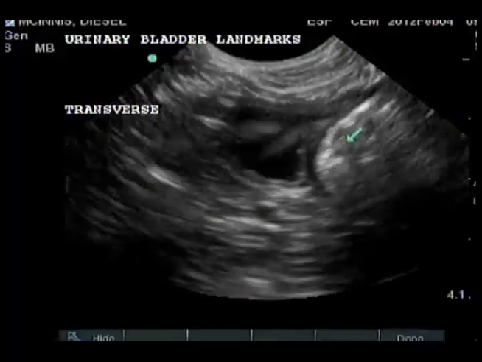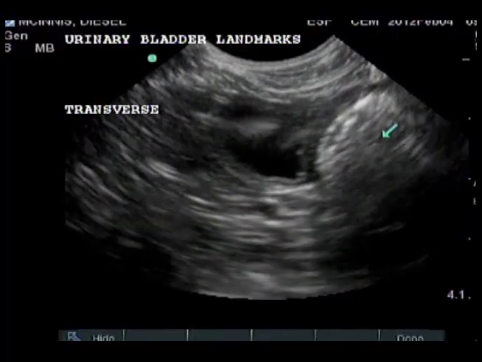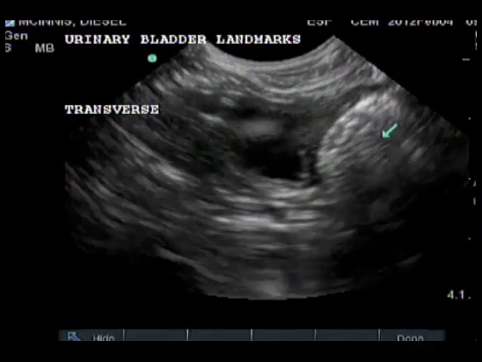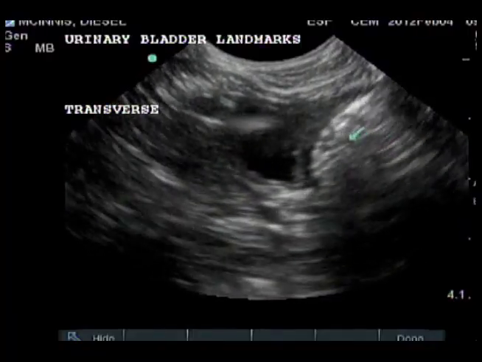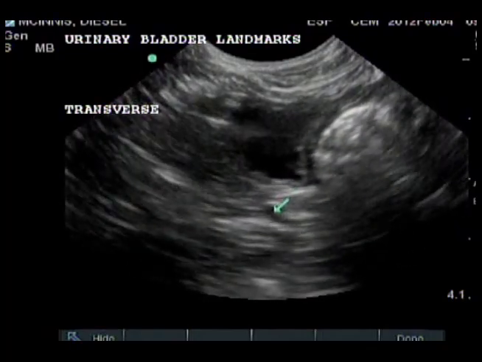The descending colon is usually to the patient's left side of the bladder. However, the colon can also be to the right side of the bladder or dorsal to it. The caudal aorta is dorsal to the bladder and to the patient's left.